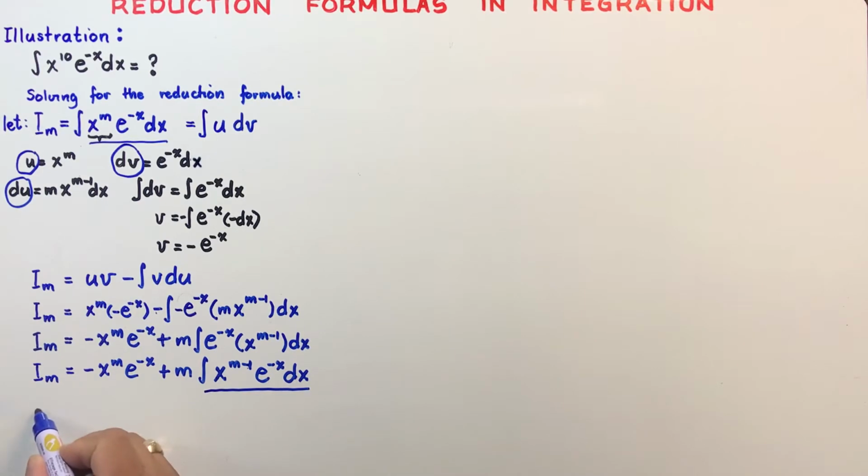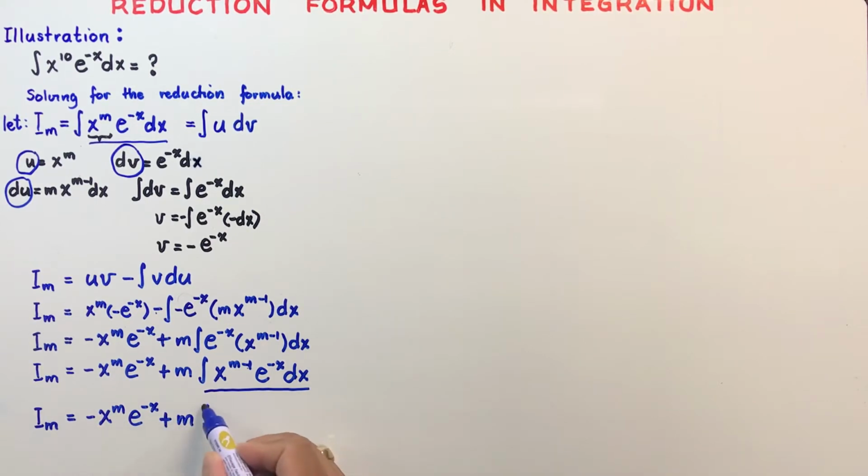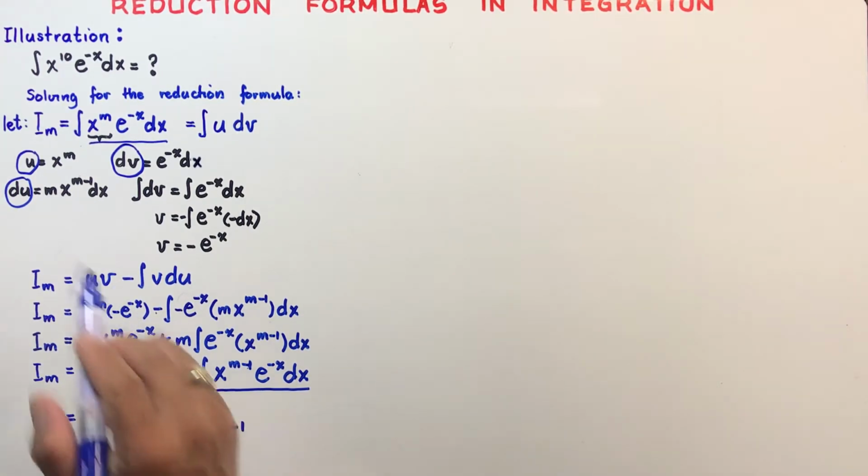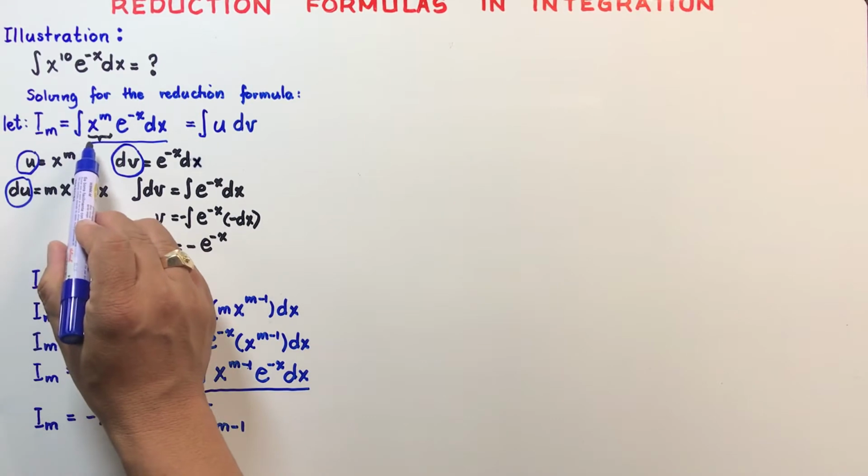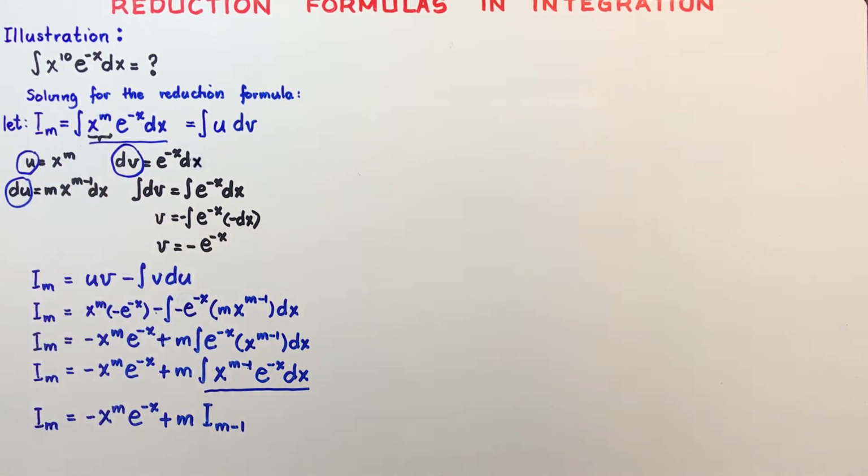So I can write here my I sub m, which is equal to negative x to the power m times e to the power negative x plus m times I sub m minus 1, because this is just the same as our I sub m, but the exponent is 1 less.